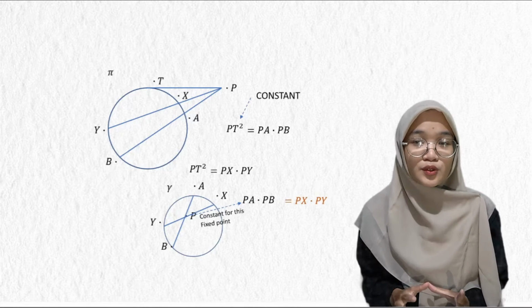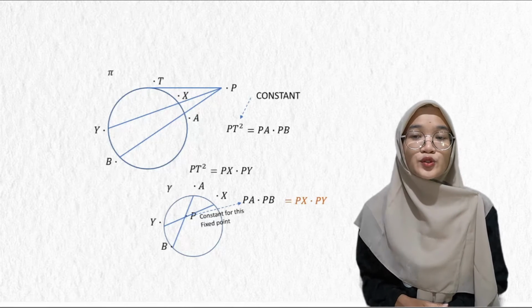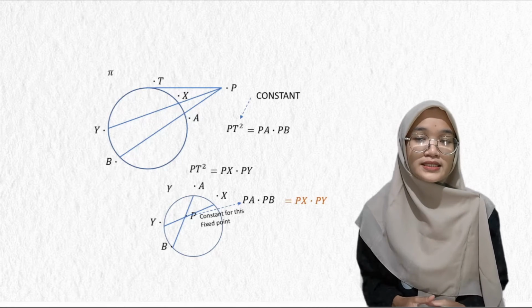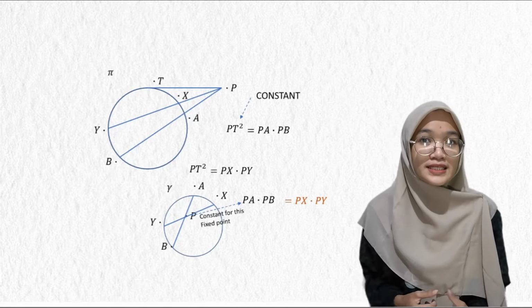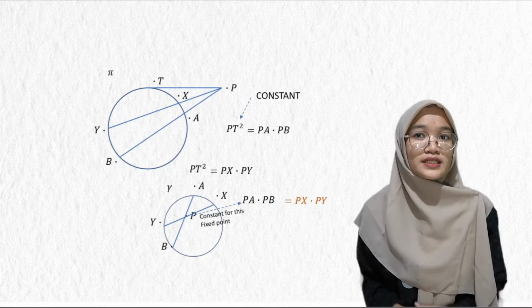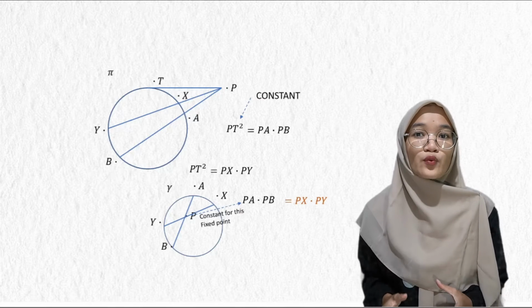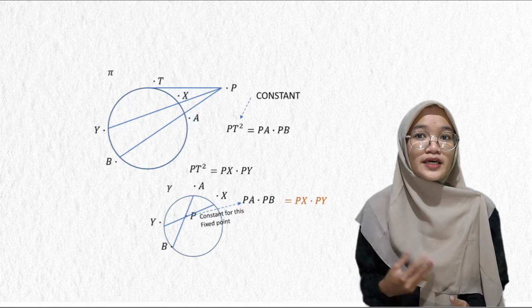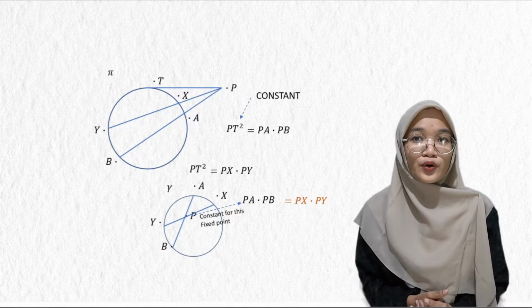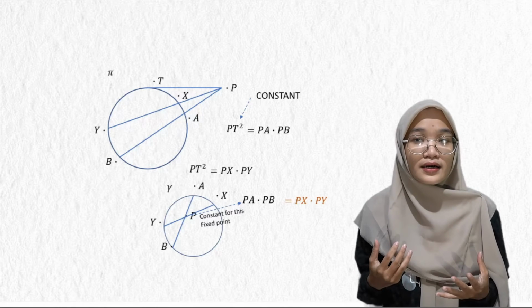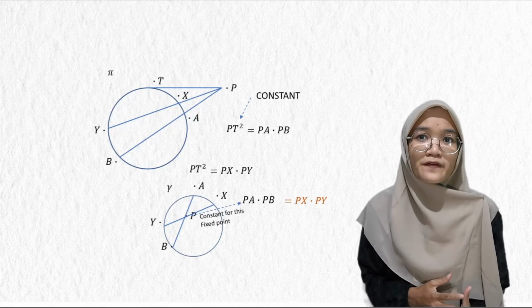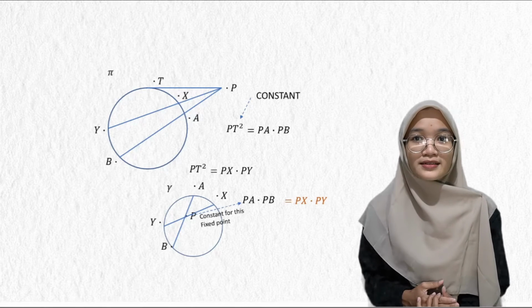So this product seems to be a constant for points inside or outside the circle. That's awesome, because then we can use this product to tell us how far the point P is from this particular circle.